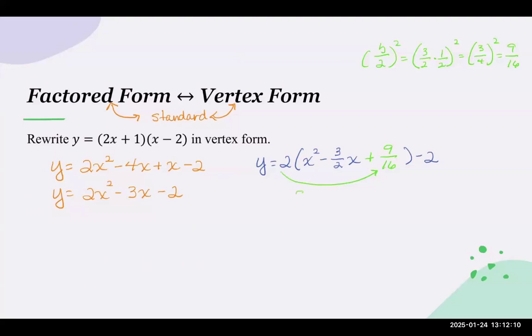So if I take 9/16 times 2, I'm looking at 9/8. That's what's going to get subtracted out here for the balance. Okay, everybody see that? So here's b divided by 2 squared. That got us the 9/16. And then the 2 times the 9/16 gives us the 9/8, which is what we need to subtract out here to balance.